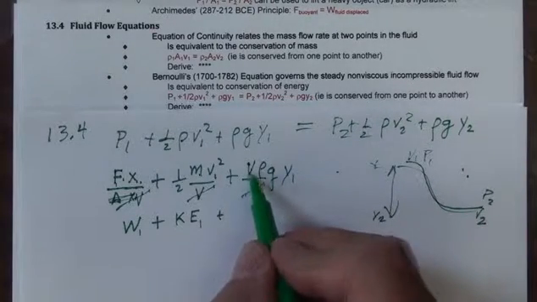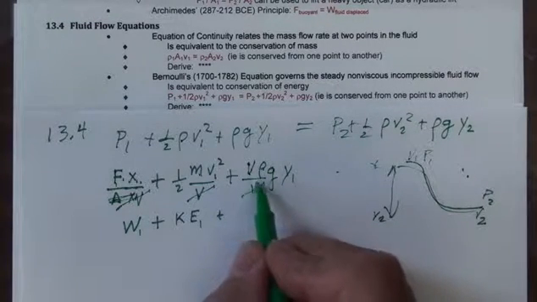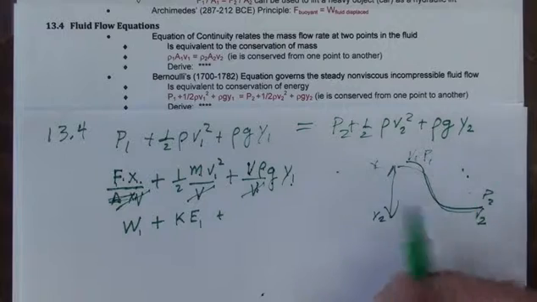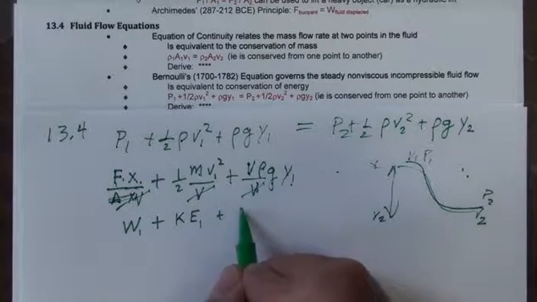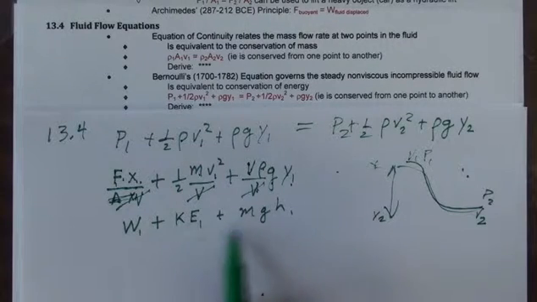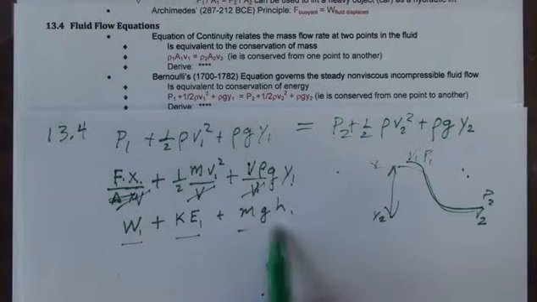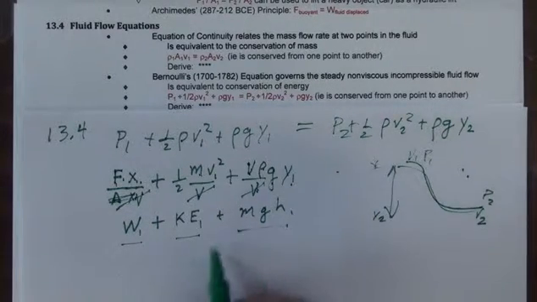Here we have rho times v, well that's the mass, so this is mg times the height here, so this is going to be mgh1. And so we see this as the work done plus the kinetic energy plus the potential energy, and that's the total energy, is going to be the same thing as point 2.